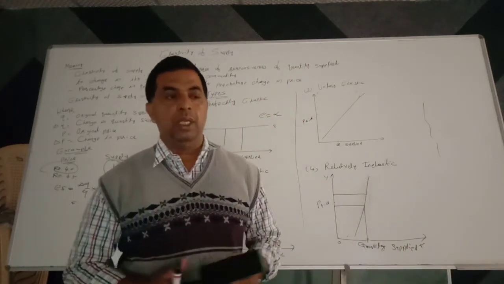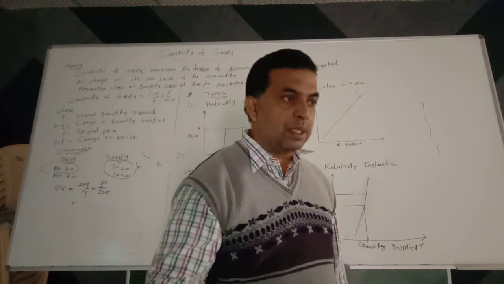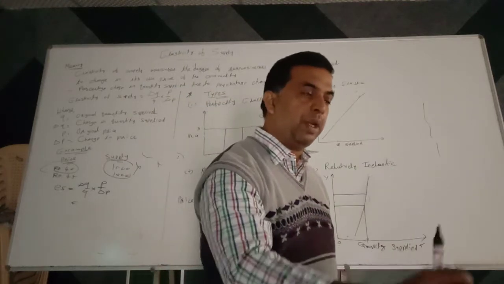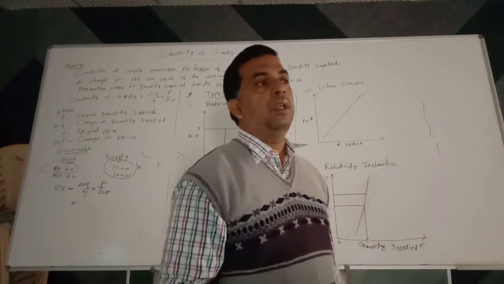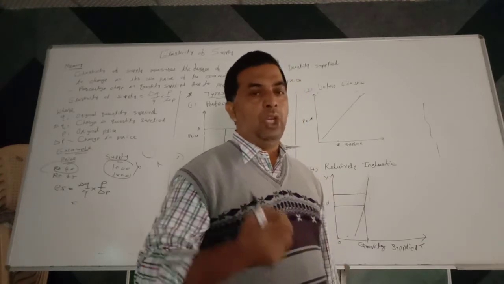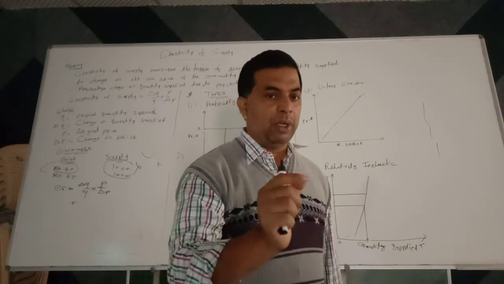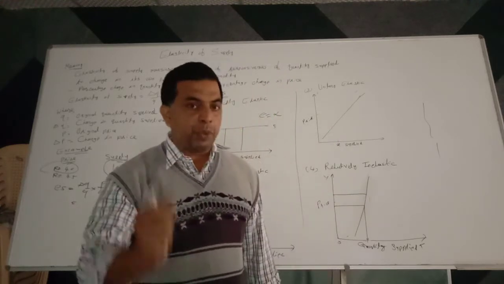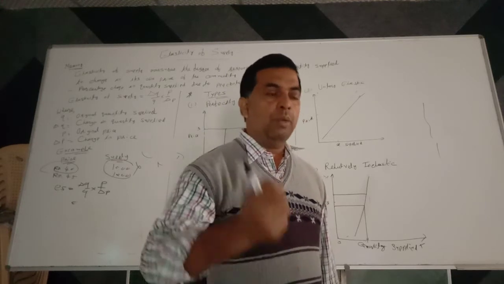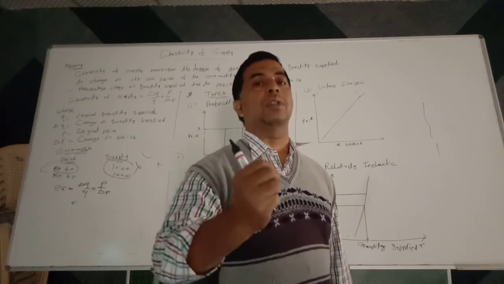If market price increases, supply of the commodity also increases, so there is a direct, positive relationship between price and supply. But as in the case of the law of demand, the law of supply indicates only the direction of change, not the proportion or percentage of change. To know the percentage or proportionate change, we have to discuss elasticity of supply.